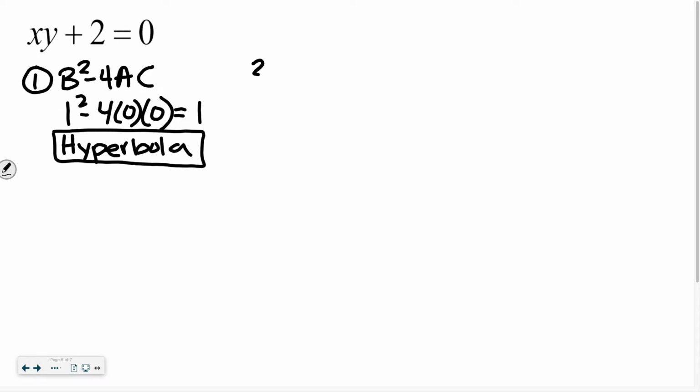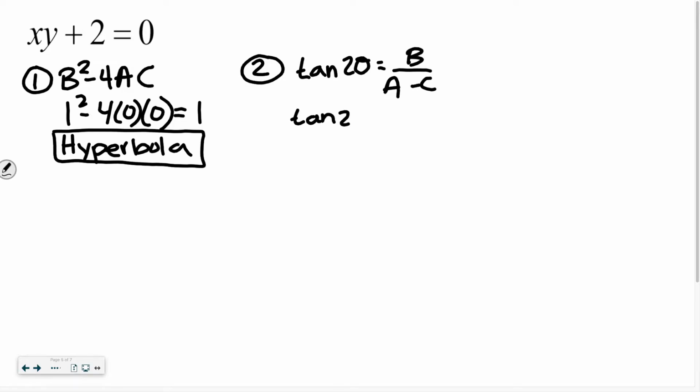Okay, step 2. Figure out what angle you're going to rotate your axes through. So that's the tangent of 2 theta equals b over a minus c. Well, we just did b squared minus 4ac, so we know that's 1 over 0 minus 0, which is trying to say that the tangent of 2 theta is undefined.